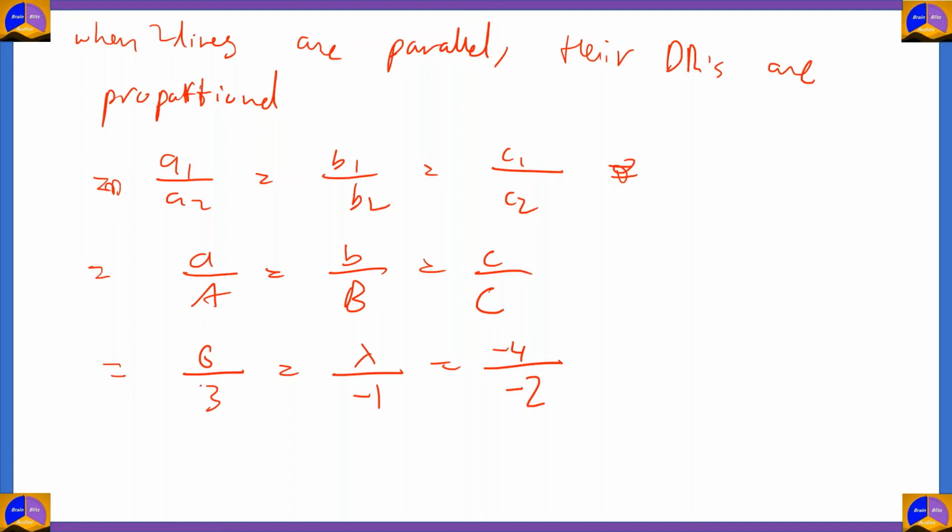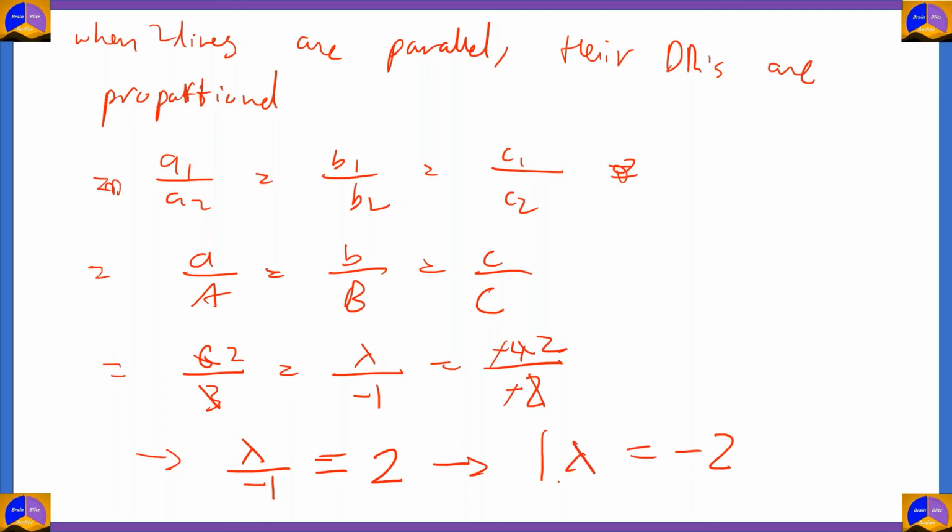So 3 goes into 6 2 times, and minus gets cancelled. 2 goes into 4 2 times. So therefore, lambda divided by minus 1 is equal to 2, because all of these ratios are equal. So therefore, we can conclude lambda as minus 2.